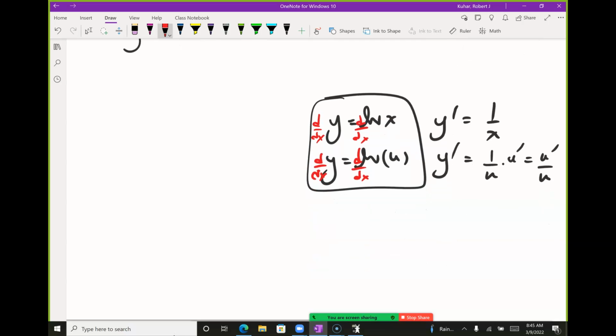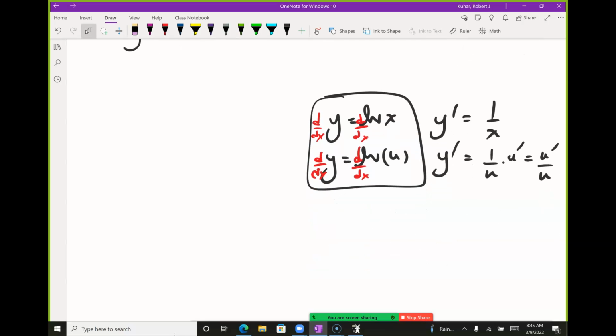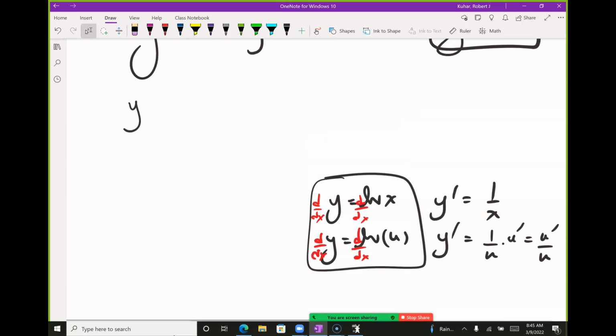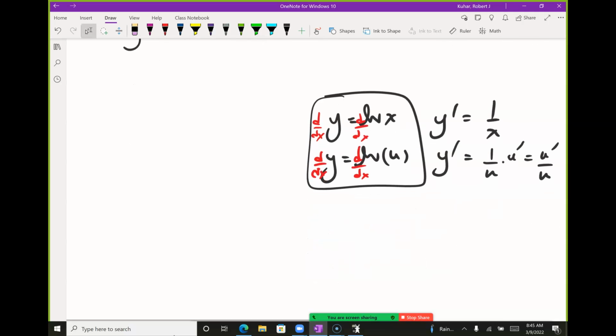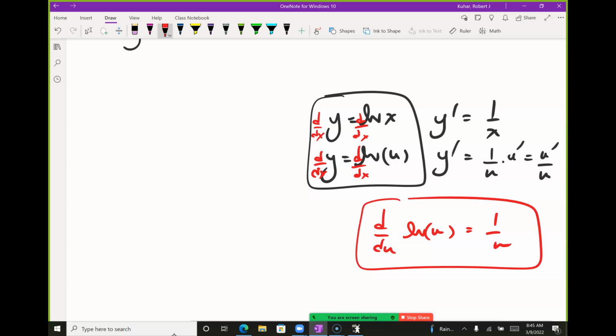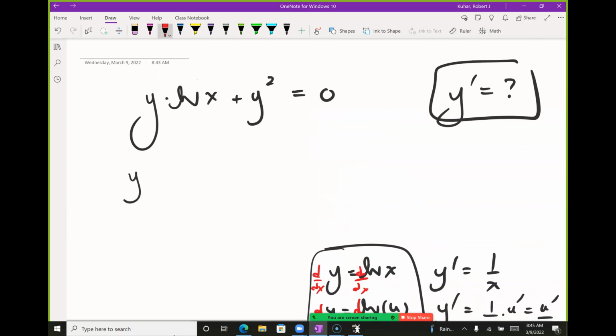Yes, but u is a function of x. If it was d over du of ln of u, it's 1 over u, right? Because it's behaving like an x. u prime is 1, right? Yep. Good. So I have a product.